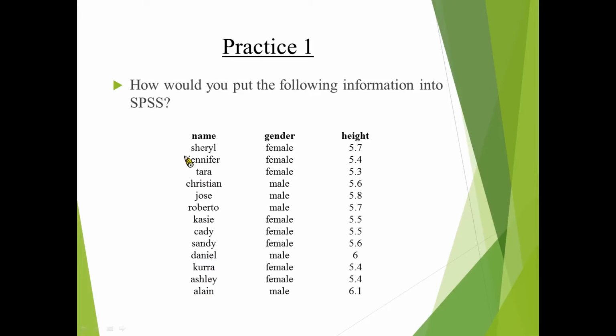So you have 13 respondents and 3 variables. Also the gender, this is a string, because this is the name, and for the gender you can assign the number. 1 is male, 2 is female.